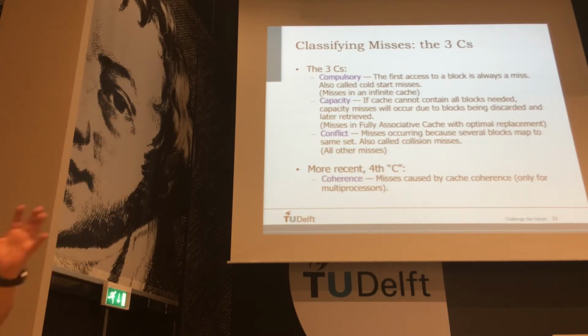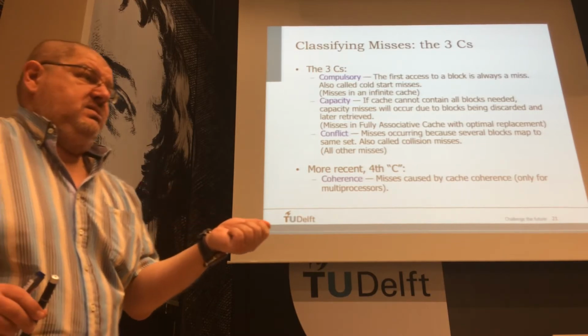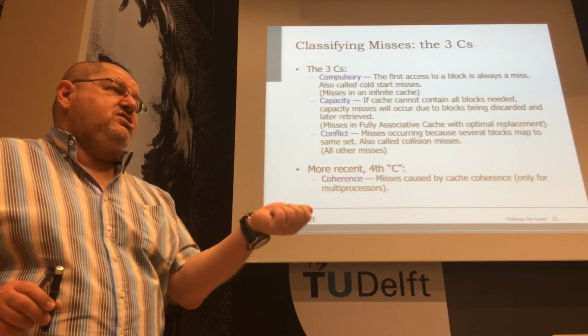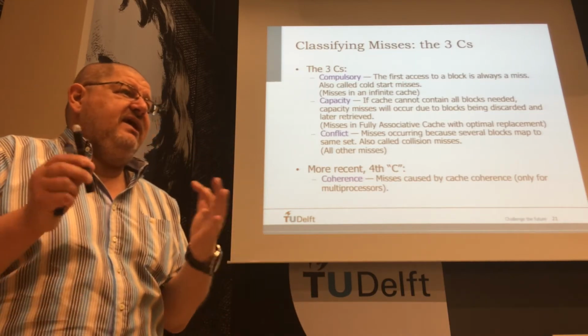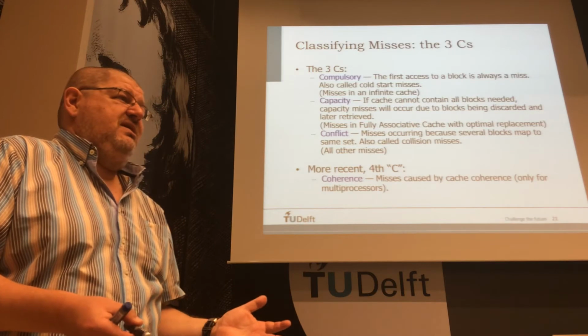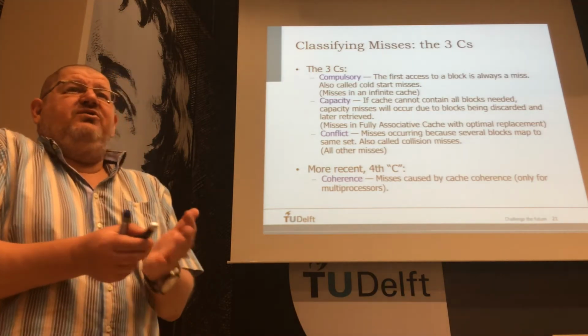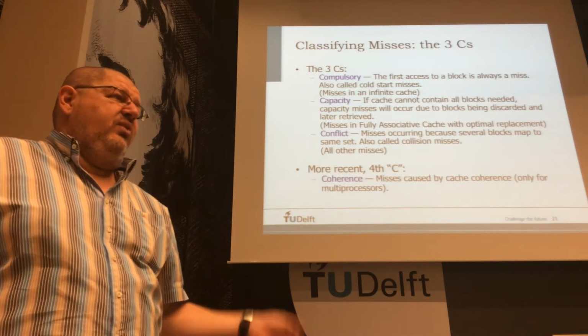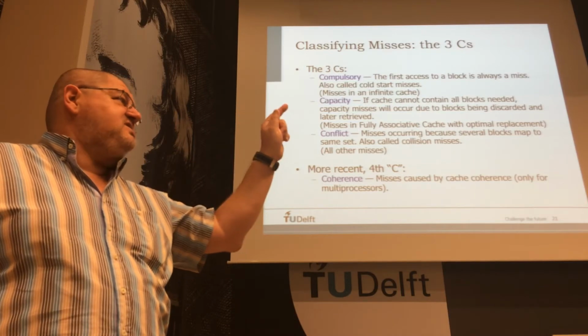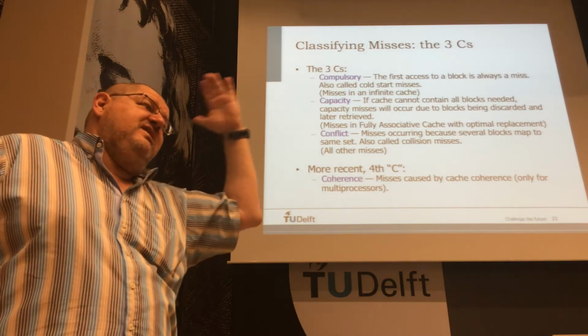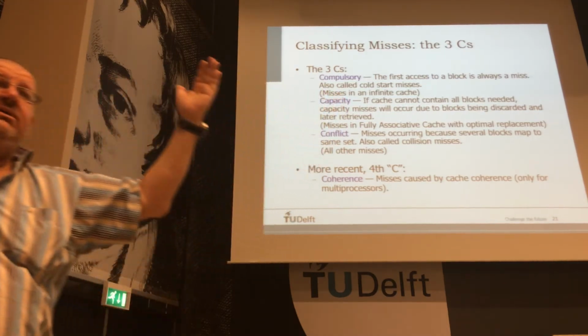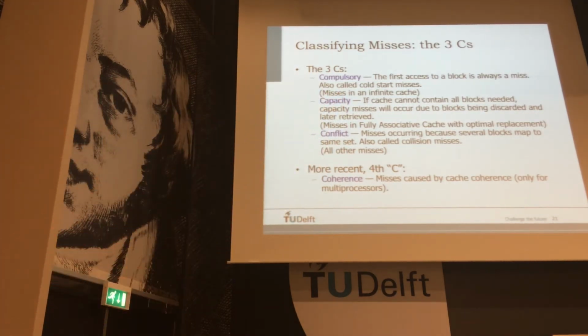Then I have compulsory misses. Whenever I'm looking for a location for the first time, when I start the program, there is no way that information is in the cache. That kind of miss I cannot avoid. When I'm looking for the location in the first position in the cache line, it's not there. It cannot be there because I just started. And those misses are part of my life.